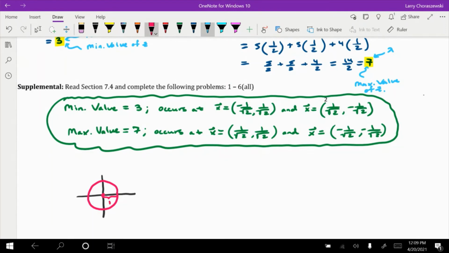For lambda equals 3, we produce 2 vectors that would be points on the unit circle. The first vector was -1 over radical 2, +1 over radical 2, and that would be right here at 3 pi over 4 on the unit circle.